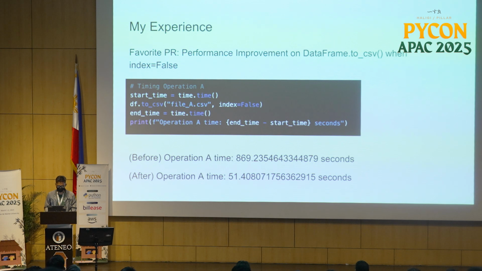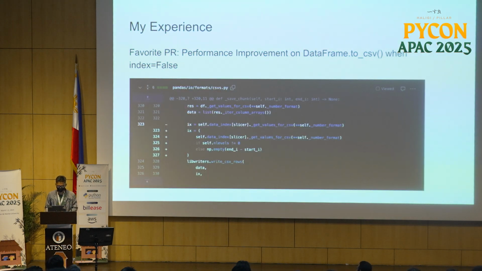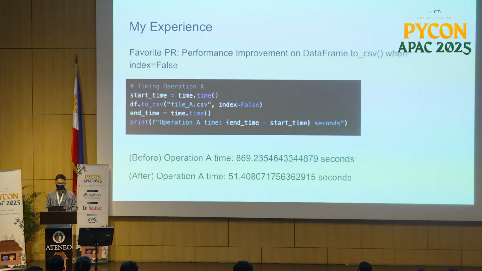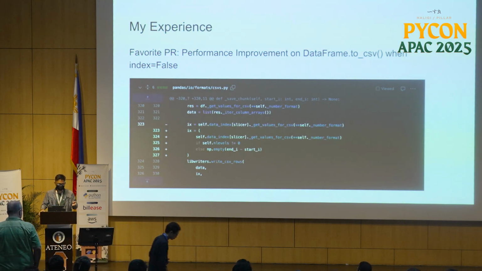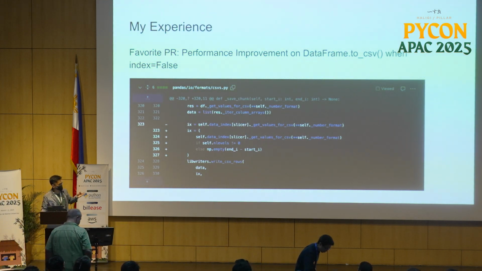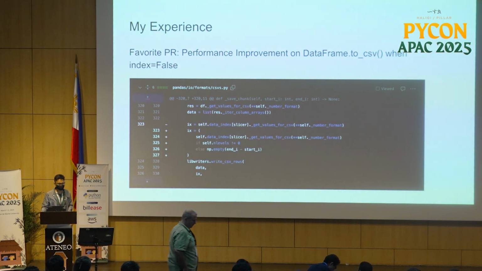Now, I find this is my favorite PR, because I only changed, as you can see here, a couple of lines. And the change was around 10 times the speed. So from on this test, from 869 seconds, it became 251 seconds. So here to explain this change that I did, it was just pretty simple.